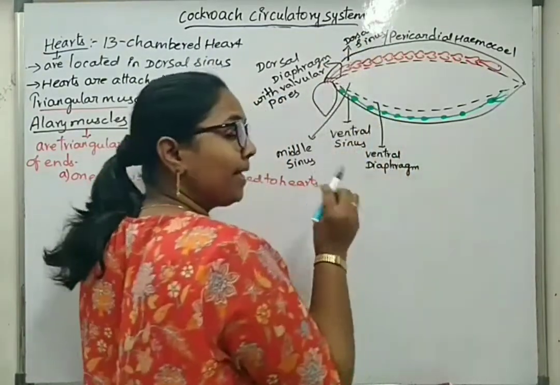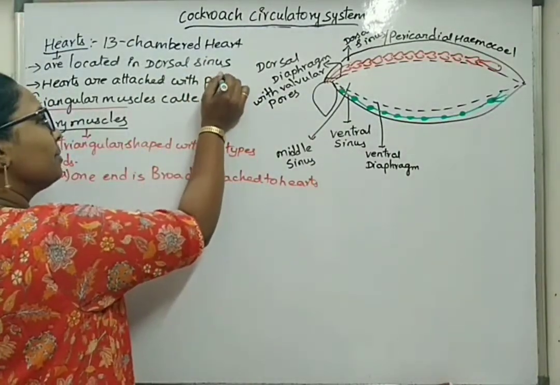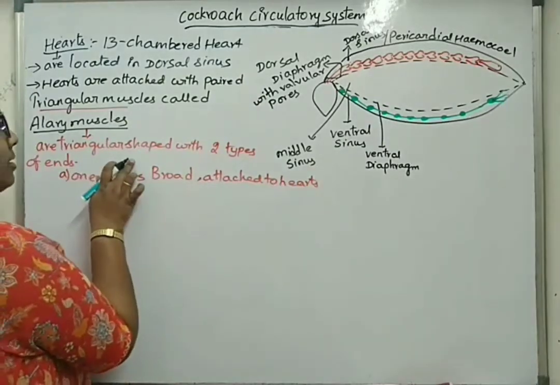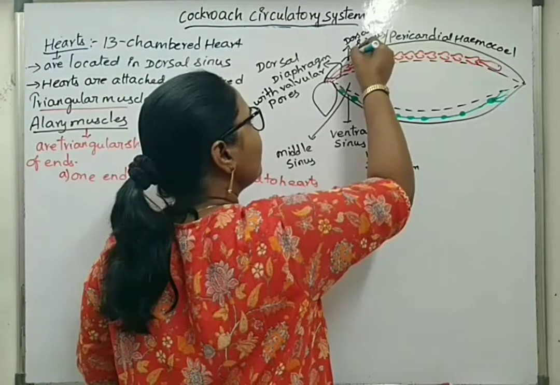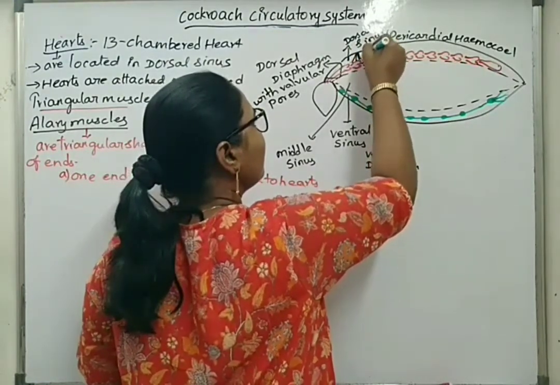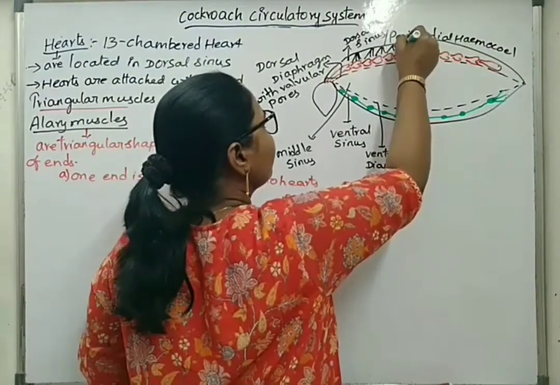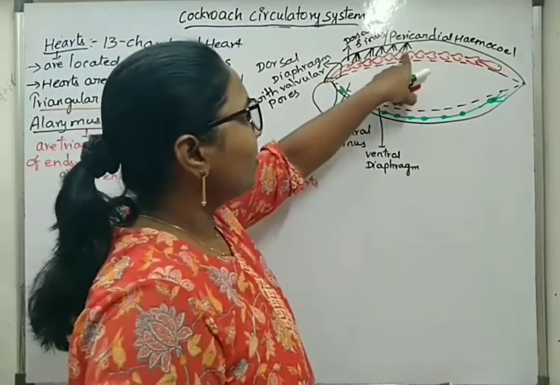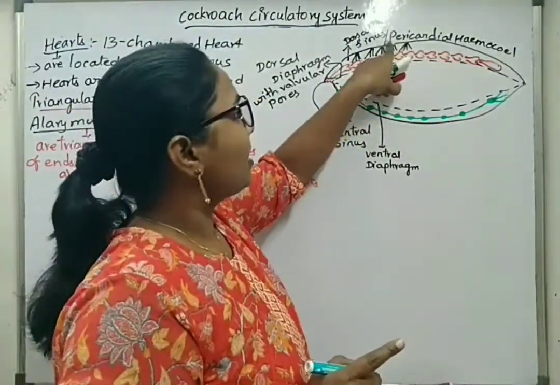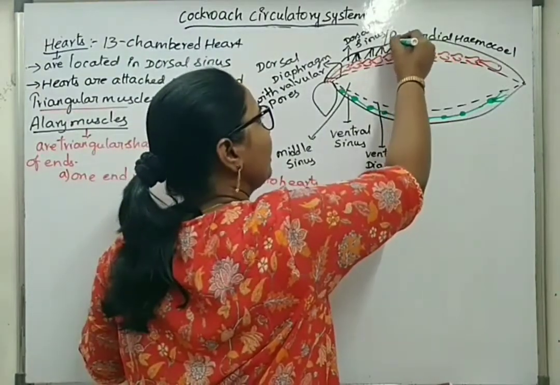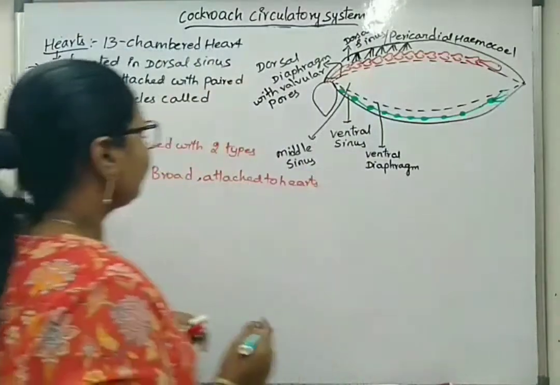Alari muscles are paired, so we have to write them paired, two types, like this. This bottom one is the broad end of one triangular alari muscle, and the one which is attached to the dorsal tergum, this chitinous plate, is the narrow end.